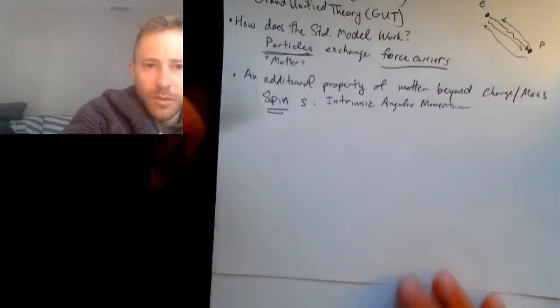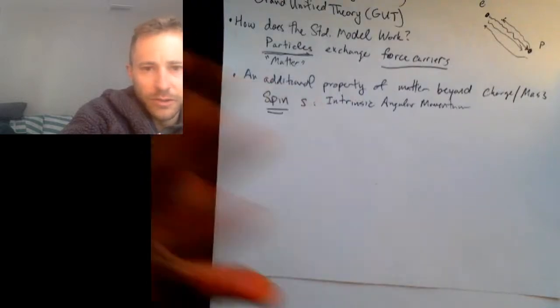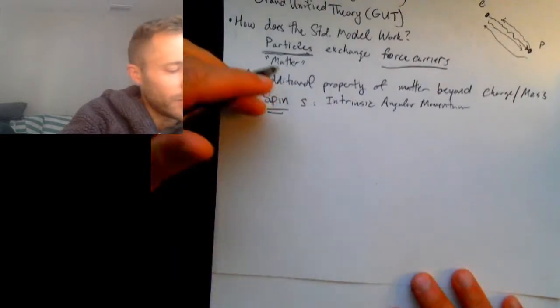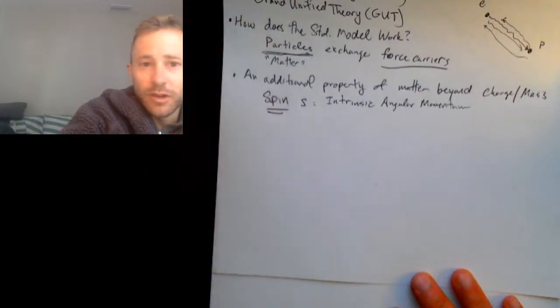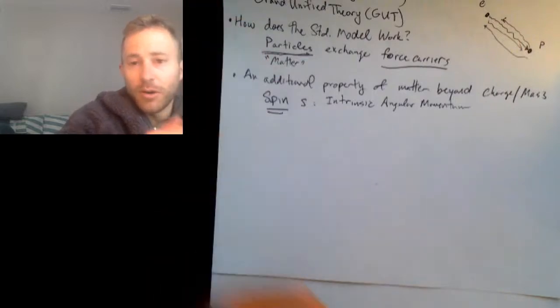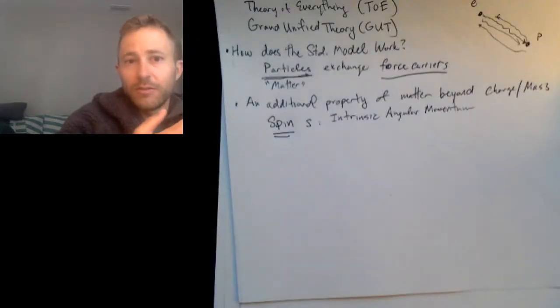And so you don't have to worry about what it means exactly or the physics of angular momentum, but it's basically just another property that the particle has. Okay, so particles have charge, they have mass, and they have spin.